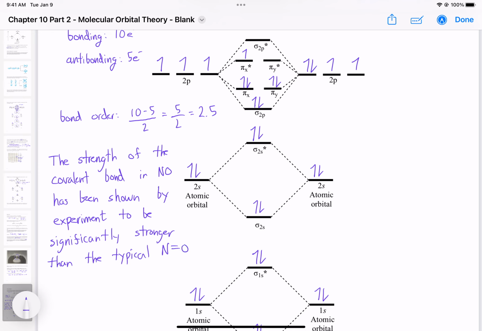So this makes sense, right? Because if we look at the bond order, it's 2.5. So a bond order of 2.5 is between a double bond and a single bond. So that kind of verifies that it's stronger than a typical double bond, and that's because it's 2.5.